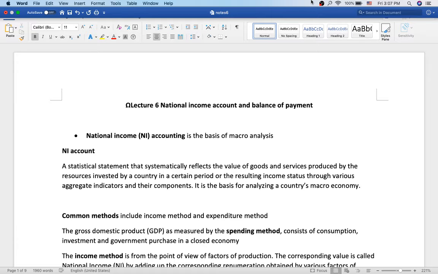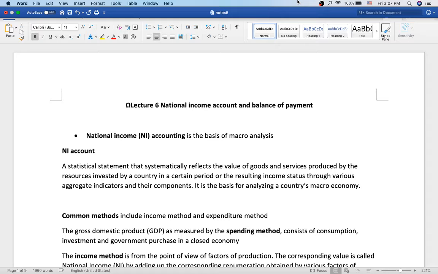The national income accounting is the basis of macroeconomic analysis, and national income is a quantitative indicator of the market value or resulting income of the final goods and services produced by the productive resources invested in the country over a given period of time. The general form of national income accounting is a statistical statement known as national income accounts.